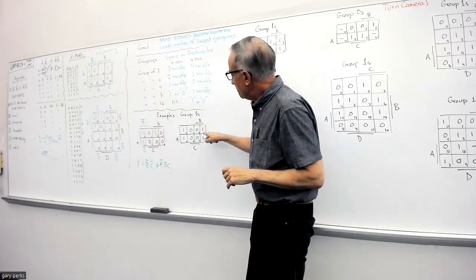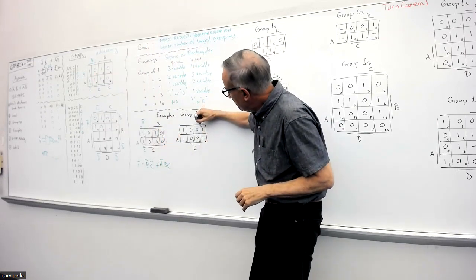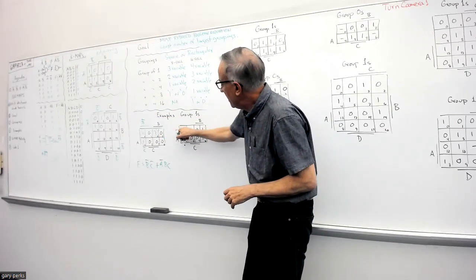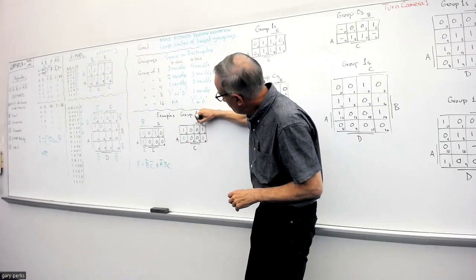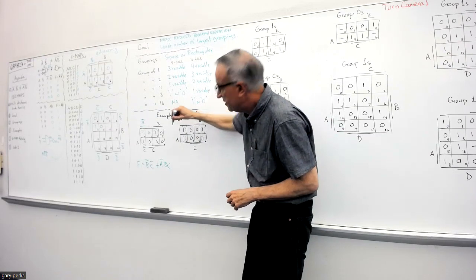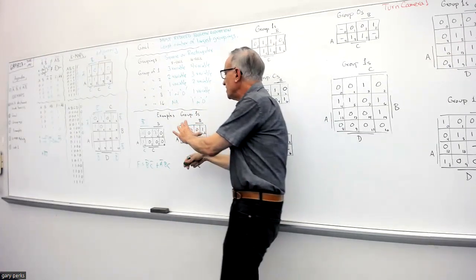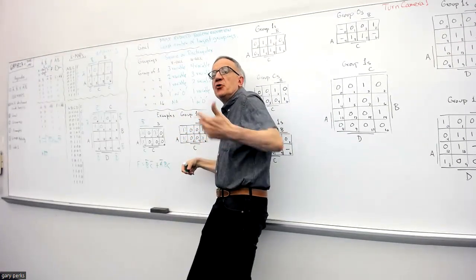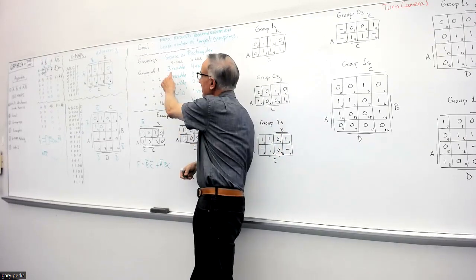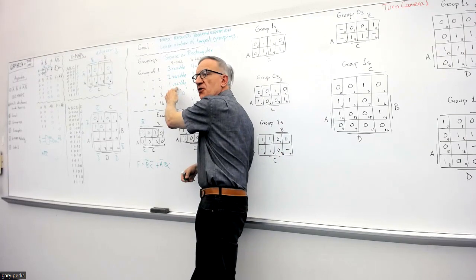Okay. So you see, instead of just doing two groupings, because these edges touch, I can do 1 4 grouping. That's it. Right, and the reason I would want to do one 4 grouping as opposed to two groupings is because one 4 grouping is going to give me one variable term.